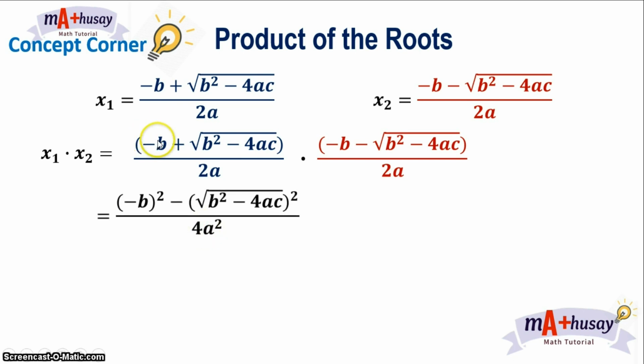Notice that in the numerator, we have the same quantity except the operation. So we have the product of the sum and difference. So, it can be multiplied directly as getting the square of negative b, which is b squared, minus the square of the square root of b squared minus 4ac.